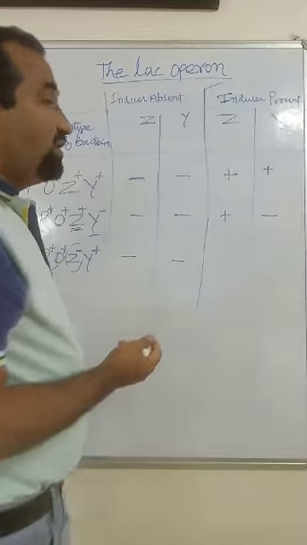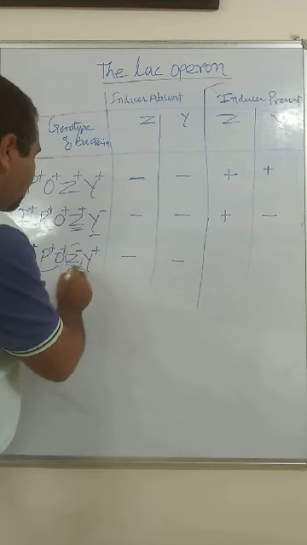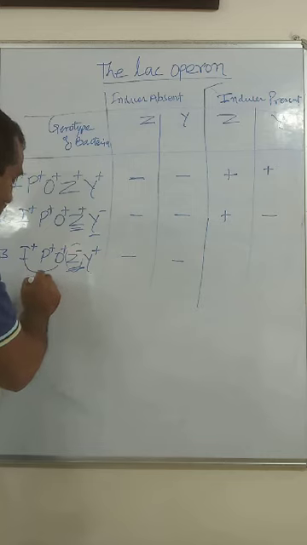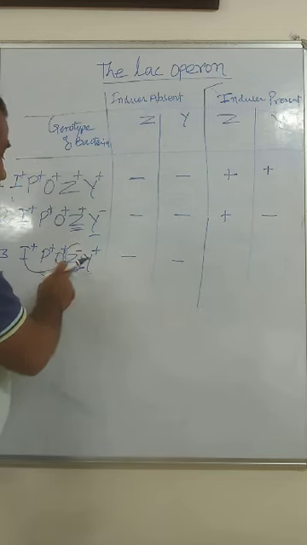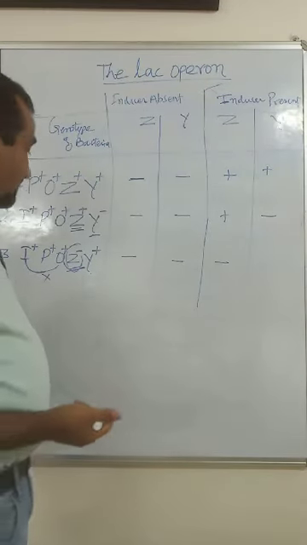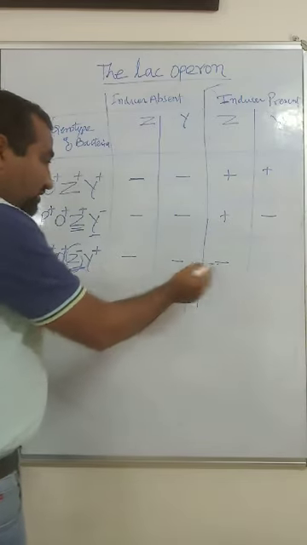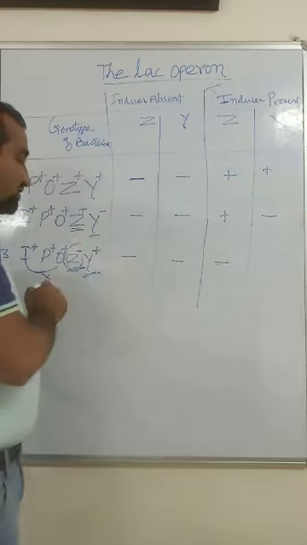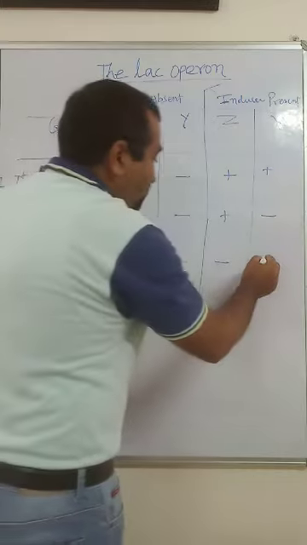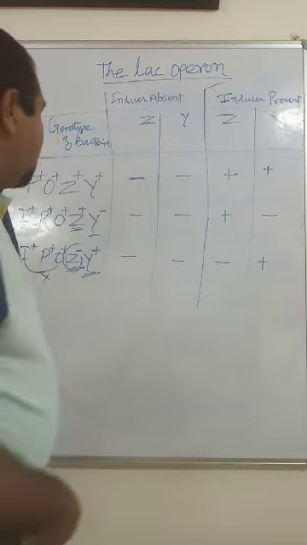But in case of inducer present, the I gene remains not effective, and here the Z gene is defective, so it is not going to be transcribed, so the Z gene product will be absent, and here the Y gene is normal, good copy of lac Y gene, so the product of lac Y gene will be produced, that is the beta galactoside permease.